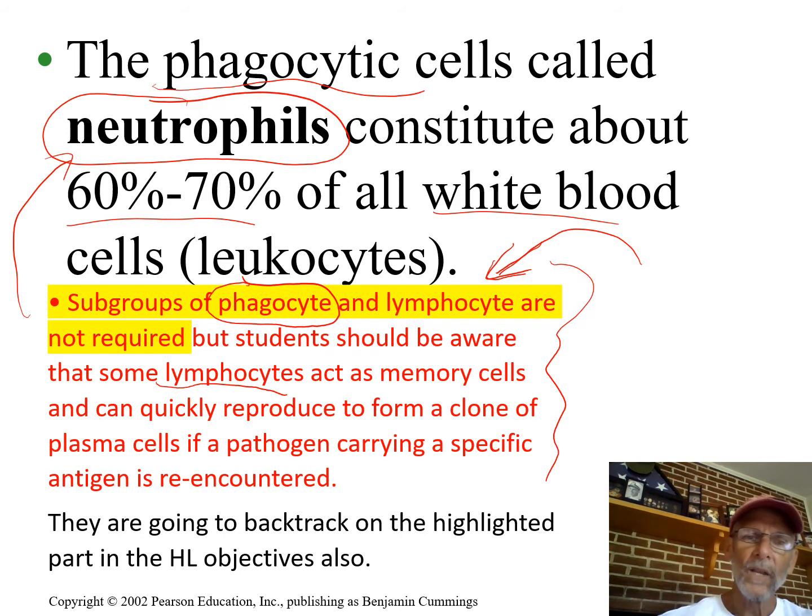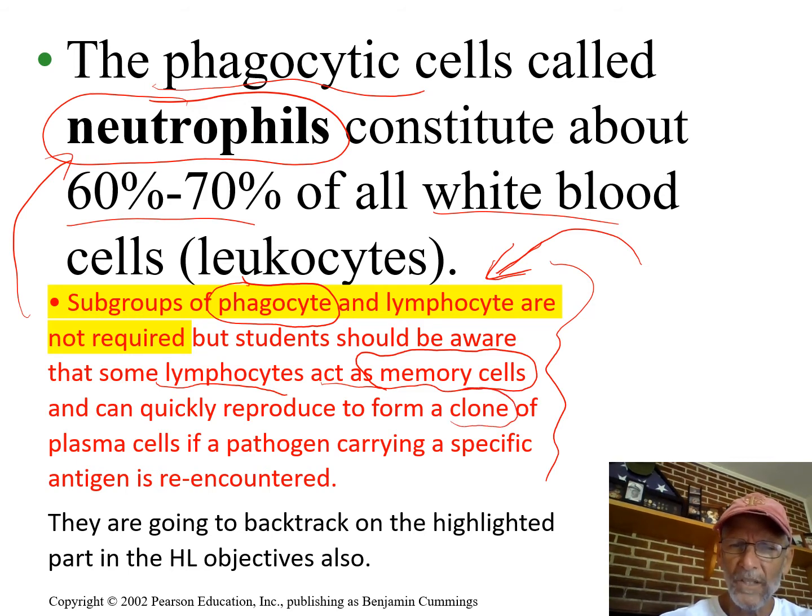So here we go. Students should be aware that some lymphocytes act as memory cells. These are the heart and soul of immunity, being immune. They also tell you here, and we're going to get to this later, that these lymphocytes can quickly reproduce to form a clone. What does that mean?